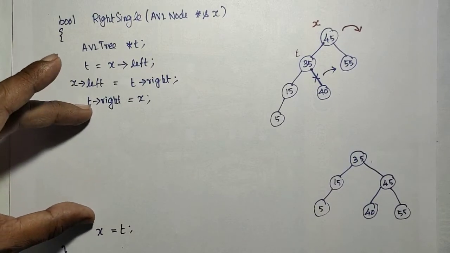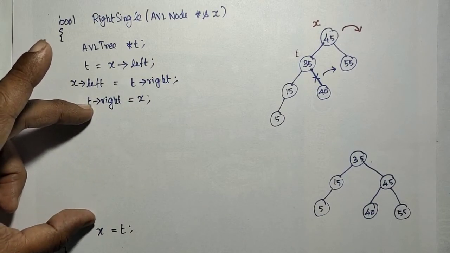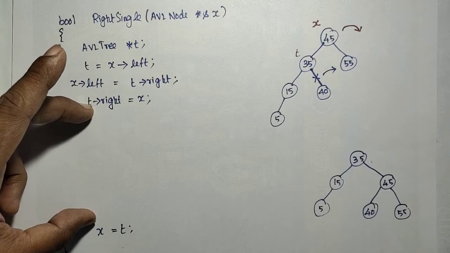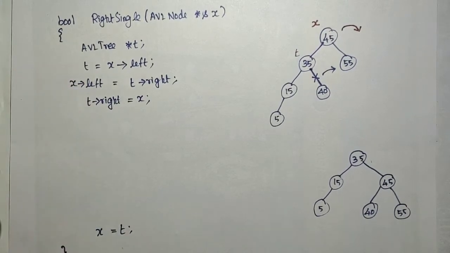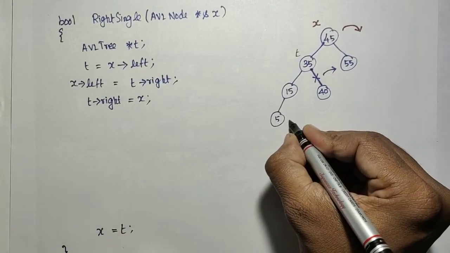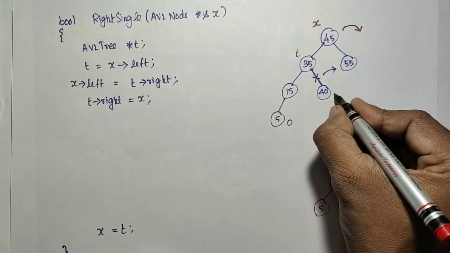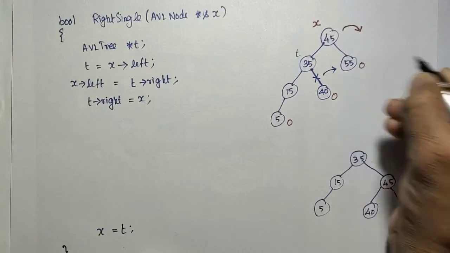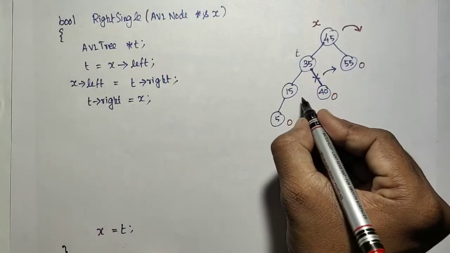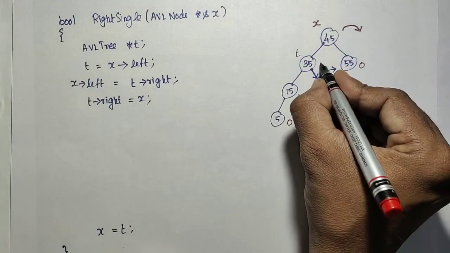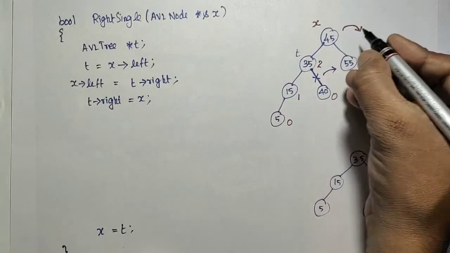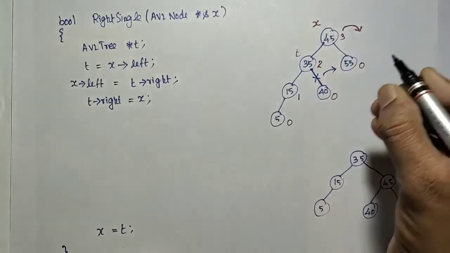So in between I have to update the height. Previously the height of the nodes is 0 and 0, leaf nodes height will be 0. This node height is 1 and this node height is 2, and this node height is 3, like that.